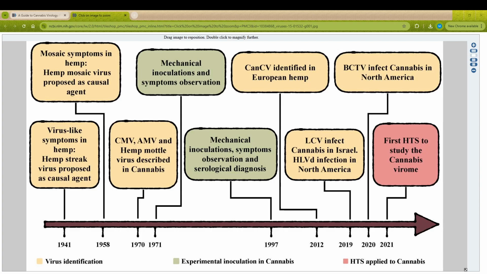So let's continue on from '97. So '97, mechanical inoculations, symptoms observations, and serological diagnosis. So they're starting to diagnose things again in '97. And then in 2012, CanCV identified in European hemp. Okay. 2012, well, that's after the medical market.